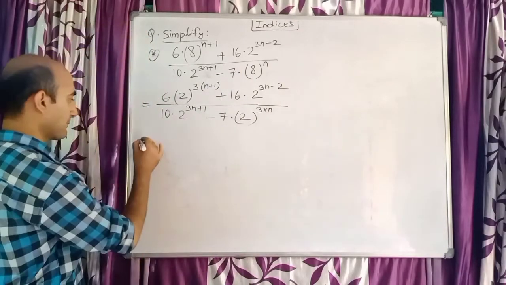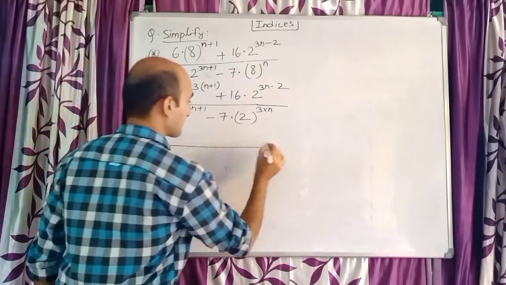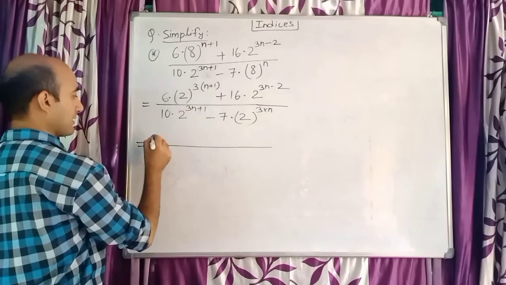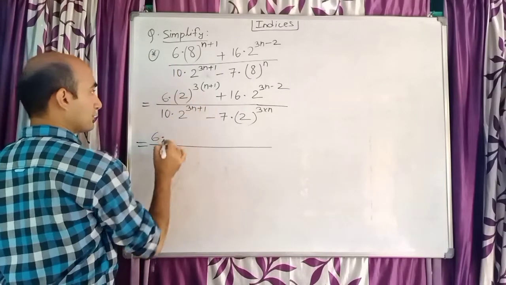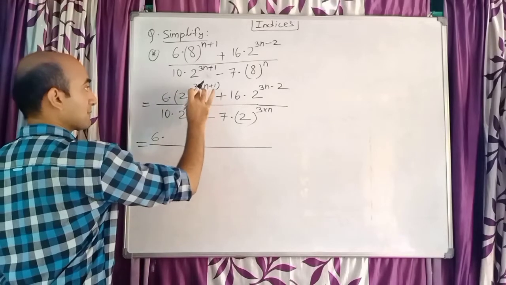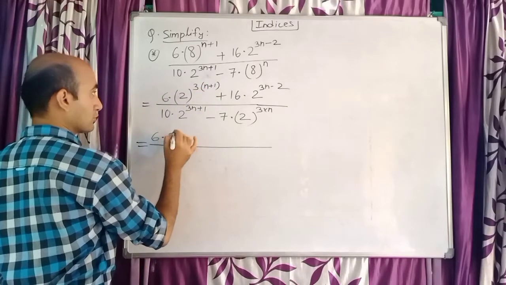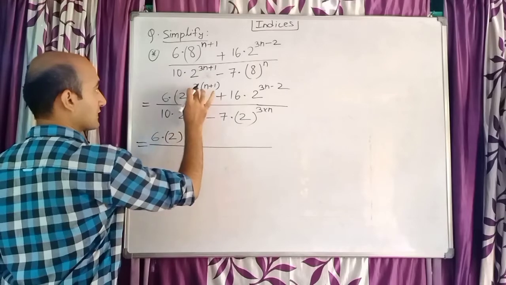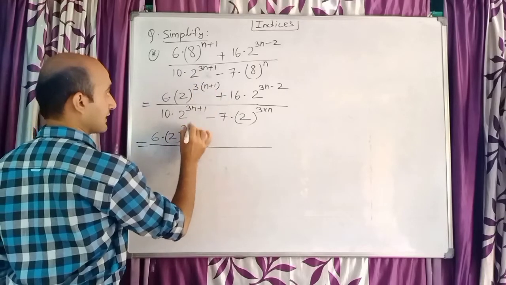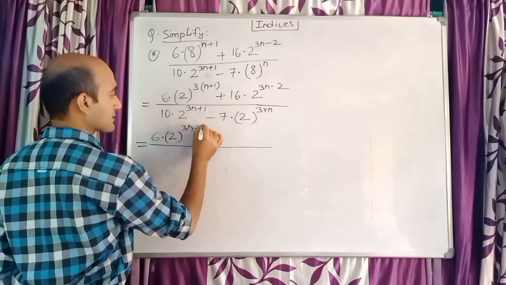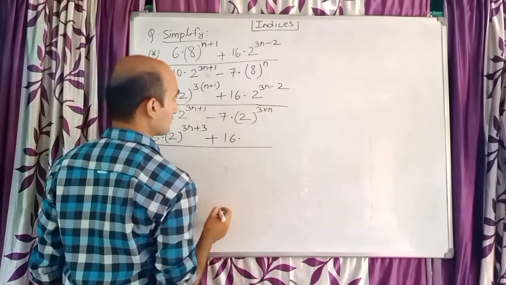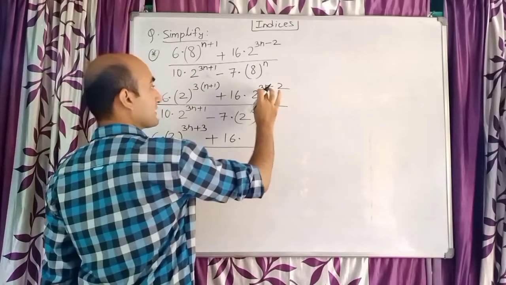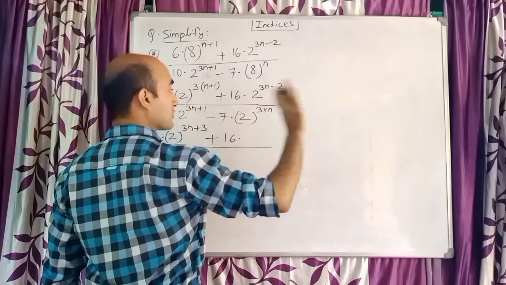Now the next step is a little bit different. It may take time to understand, but I will try to make you understand. 6 into, now first of all you multiply this power. So 2, 3 into n, 3n, 3 ones are plus 3, and here plus 16 into, now break this 3n minus 2 into 2 parts.